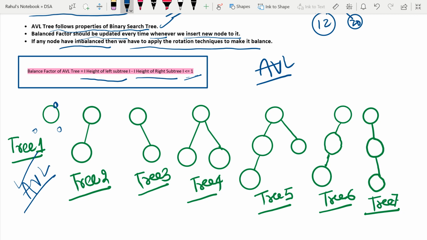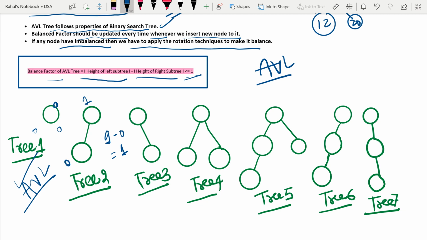Now if you see tree 2 and apply the balance factor, the height of the left subtree is 1 minus the height of the right subtree, and nothing is on the right side, so 1 minus 0 is 1. So the balance factor of this node is 1, and this other node is a leaf node, and a leaf node's balance factor is always 0.